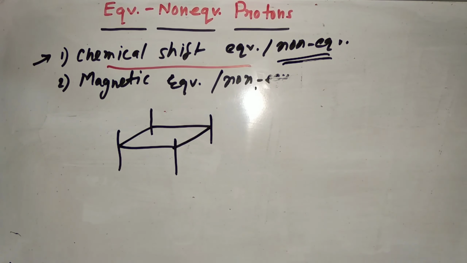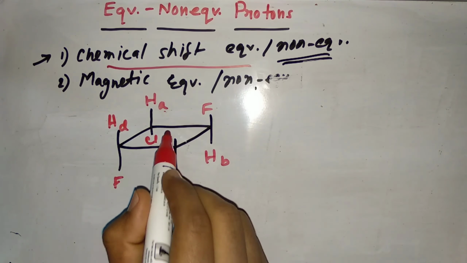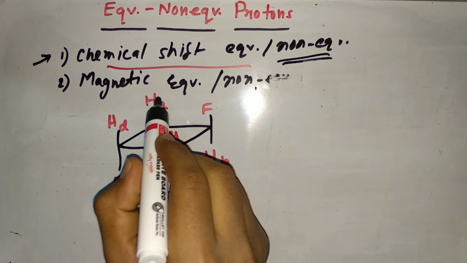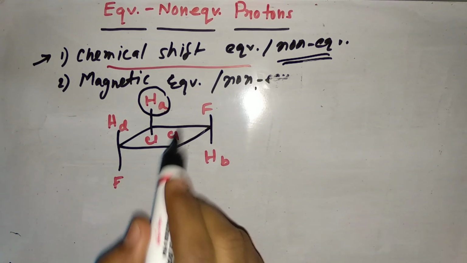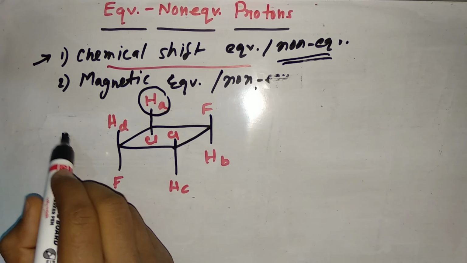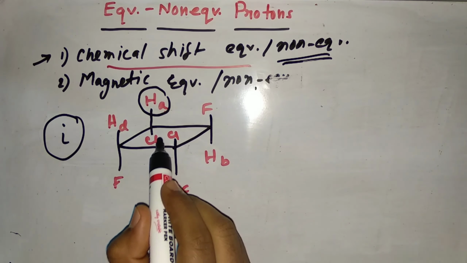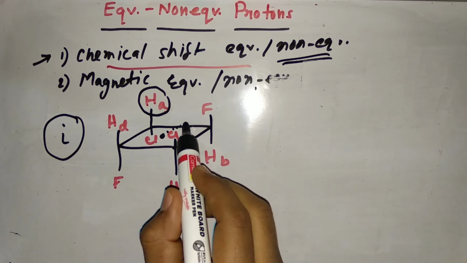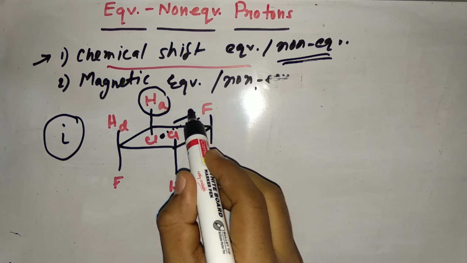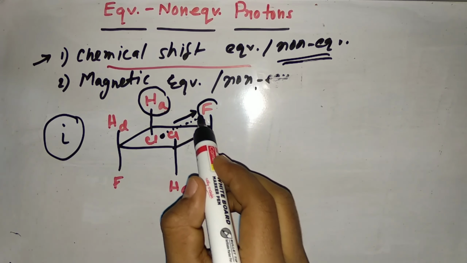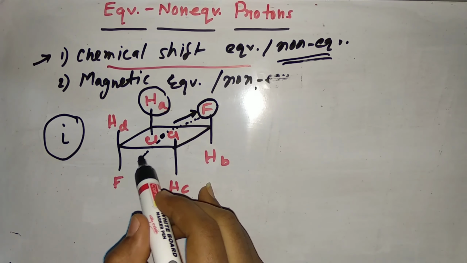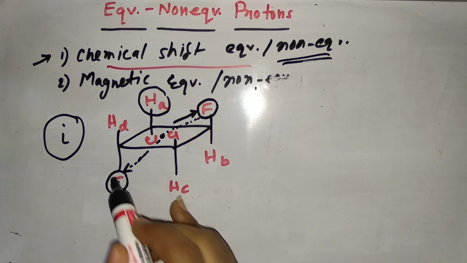So here you can see HA, and of course you know how an inversion center is present in a system. It will be right here, and if we go towards the above, in this direction, we will find a fluorine atom, so you have to go towards the opposite direction.